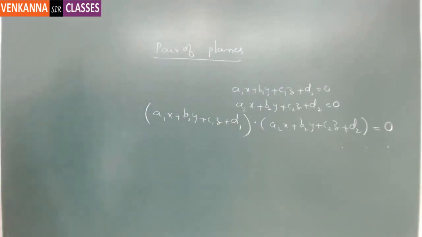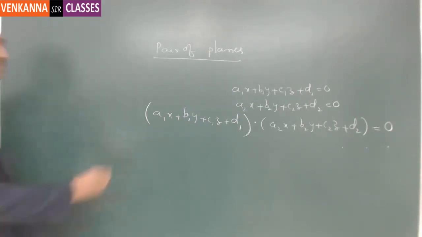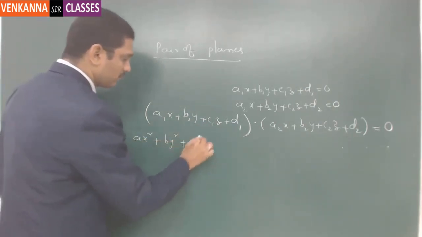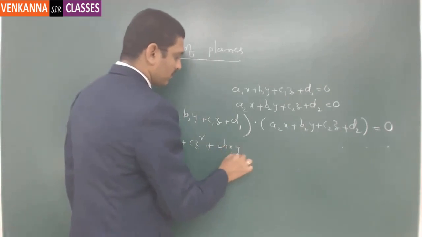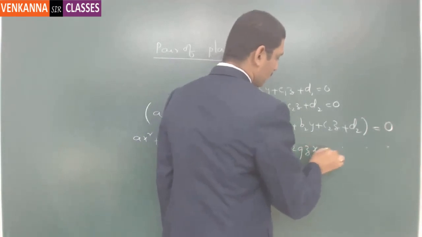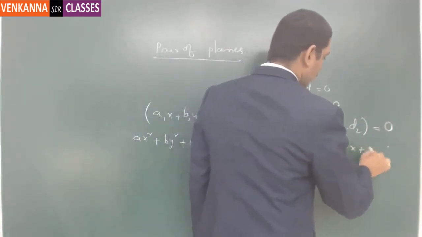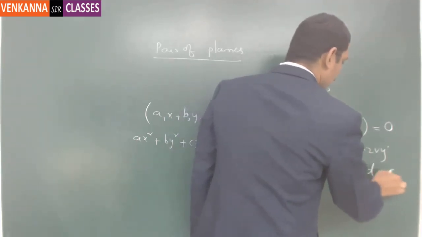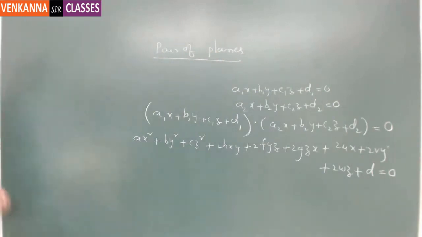So if you multiply each and every term there, you will get a new equation. I will represent the equation as this, my new equation. It is just simply multiplying the two plane equations together.